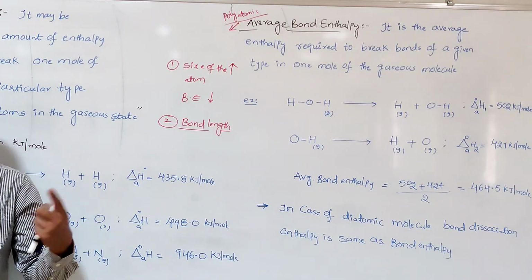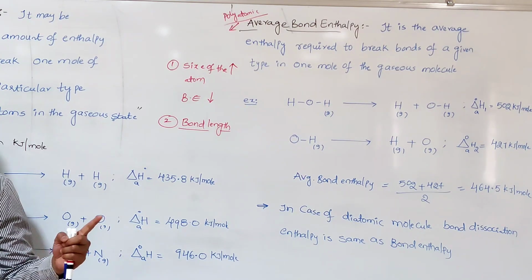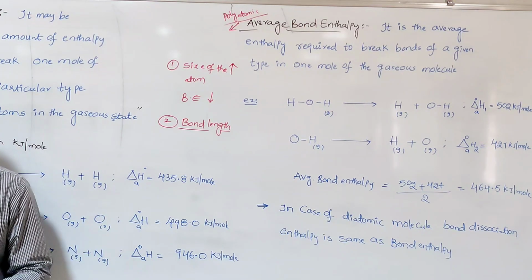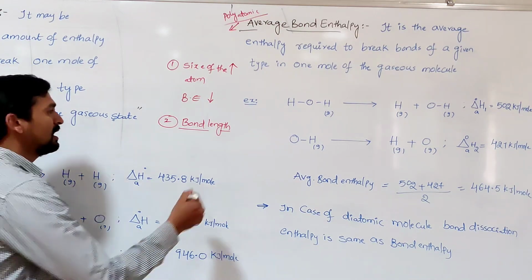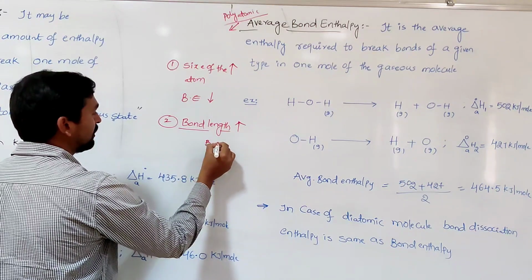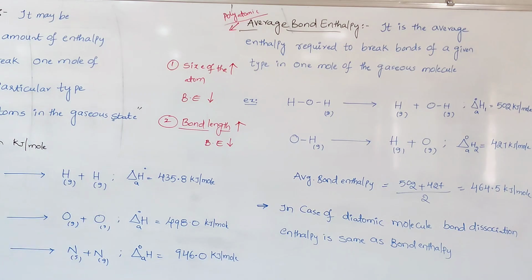When the length increases, the bond dissociation enthalpy decreases, because the atoms are not attracted very closely to each other, so the bond becomes very weak. With less energy, we can easily break the bond. That's why as the bond length increases, the bond energy decreases. Because as the bond length increases, the bond between the two atoms becomes weak.